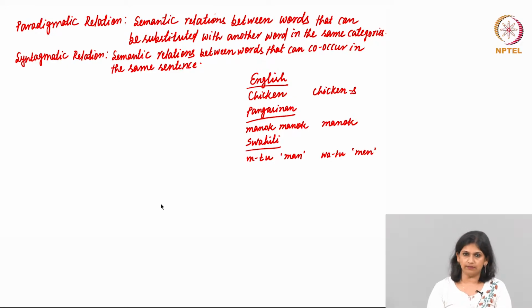We also studied a couple of other examples in the previous sessions. In English, for example, chicken and chickens, so there is an overt plural marker. In Pangasinan, the singular chicken is manok, but when it is plural, it becomes only manok.